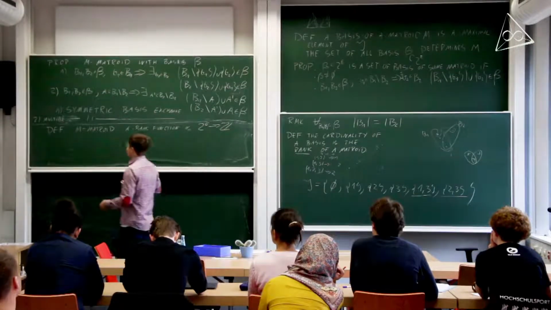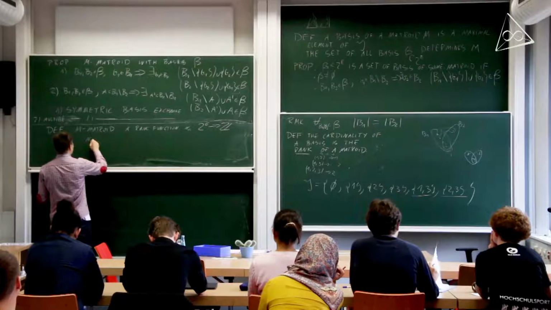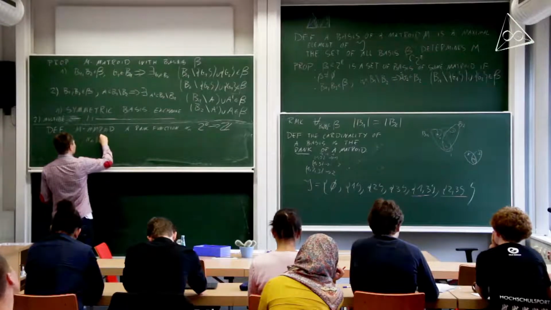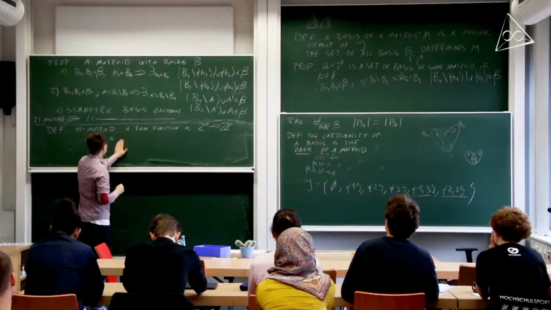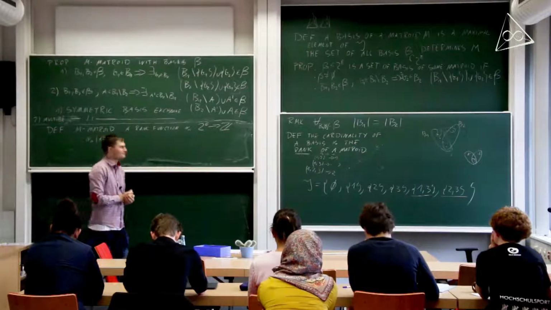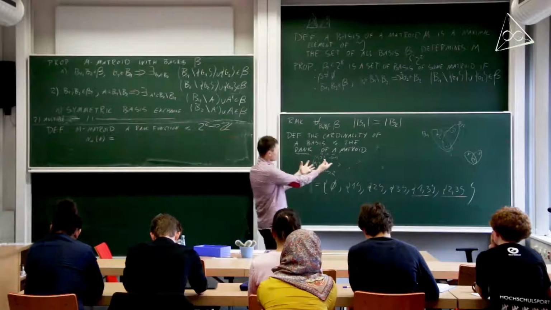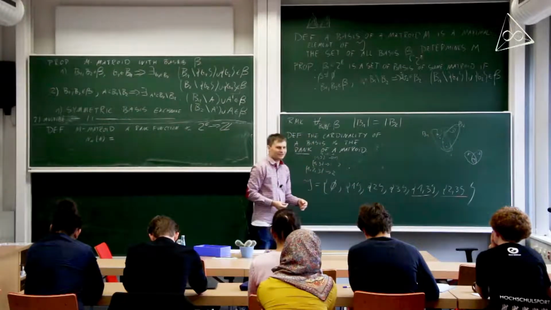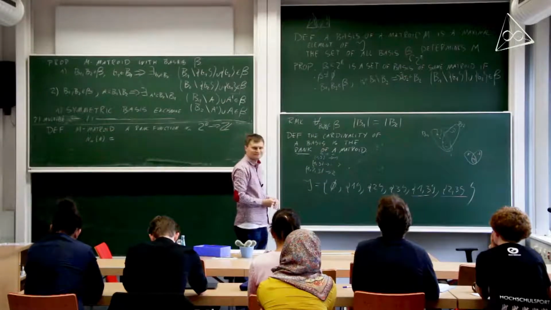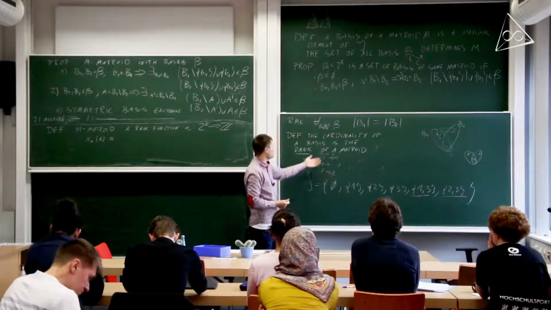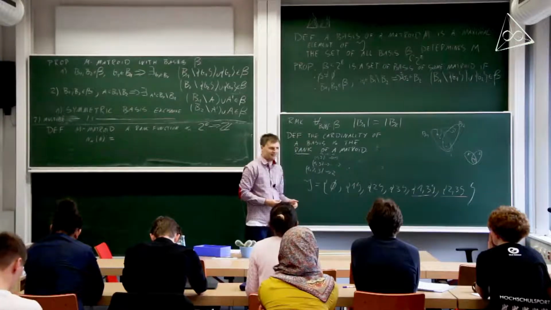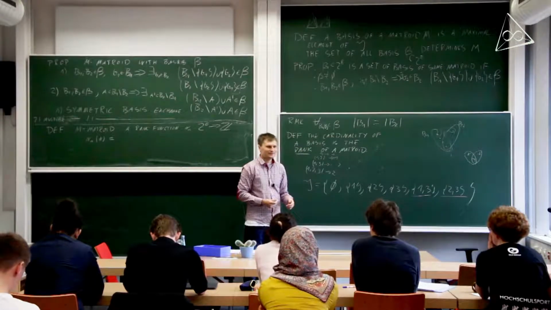Now, please tell me what's the definition of the rank of any set. You have to abstract this notion from linear algebra. How did we define the rank of a whole matroid? We said it's the largest independent set in that matroid.